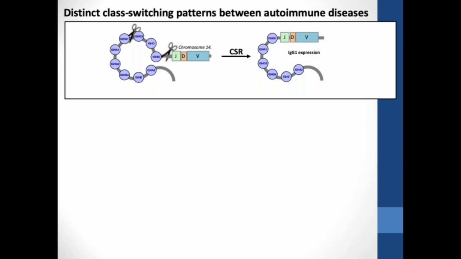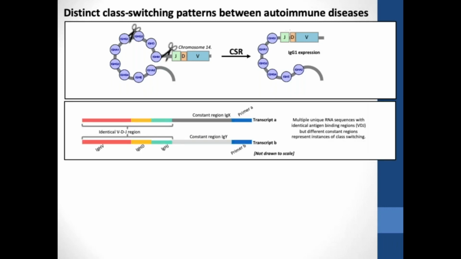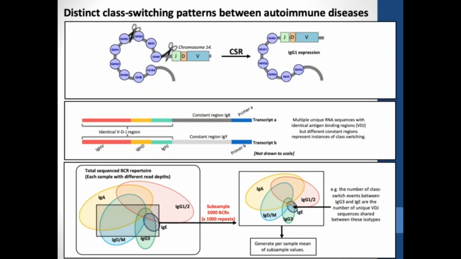So class switch recombination, as we all know, is a deletional DNA process. And this means that we can get some directionality as well into this process, judging from the sequencing data. So we can do this by basically analyzing the sequences that have an identical VDJ sequence, but they have different constant regions. And we can essentially assess the overlap of sequences in a way that is done through subsampling to account for differences in the numbers of each isotype.